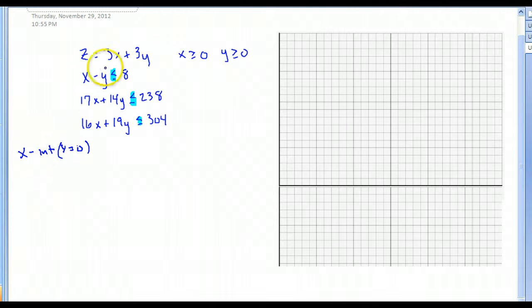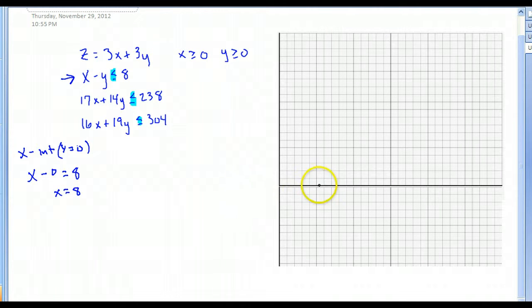For the top equation, X minus Y, I'm just going to, for the time being, change it to equals 8 to just graph the line. If Y is equal to 0, it's X minus 0 equals 8, or just plain X equals 8. So the X-intercept of this first line is 8.